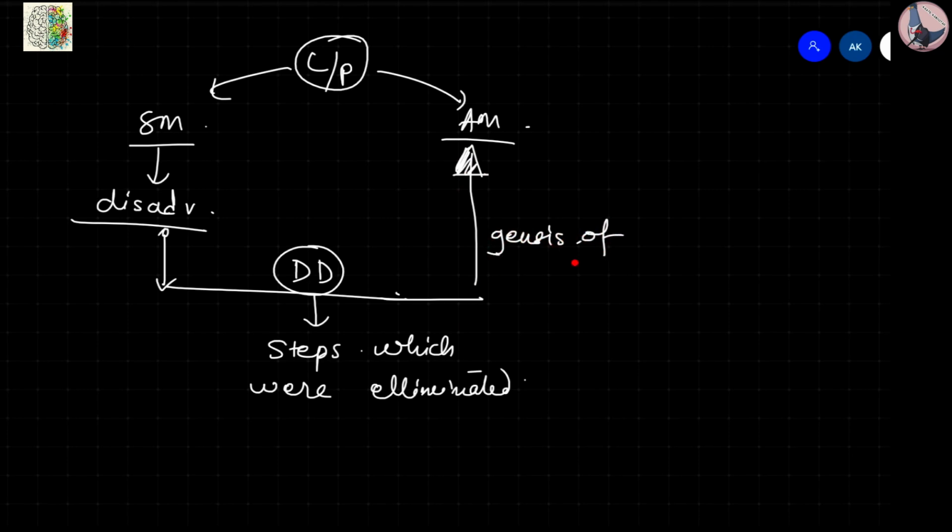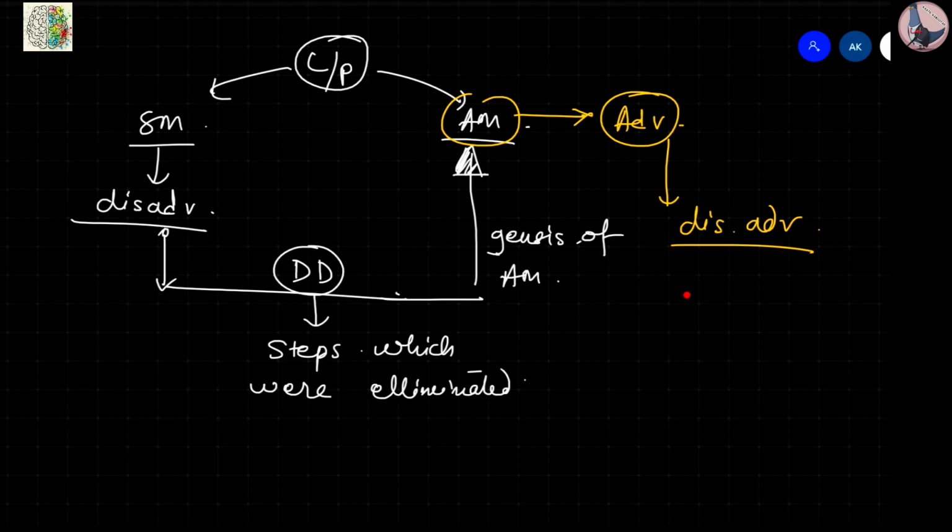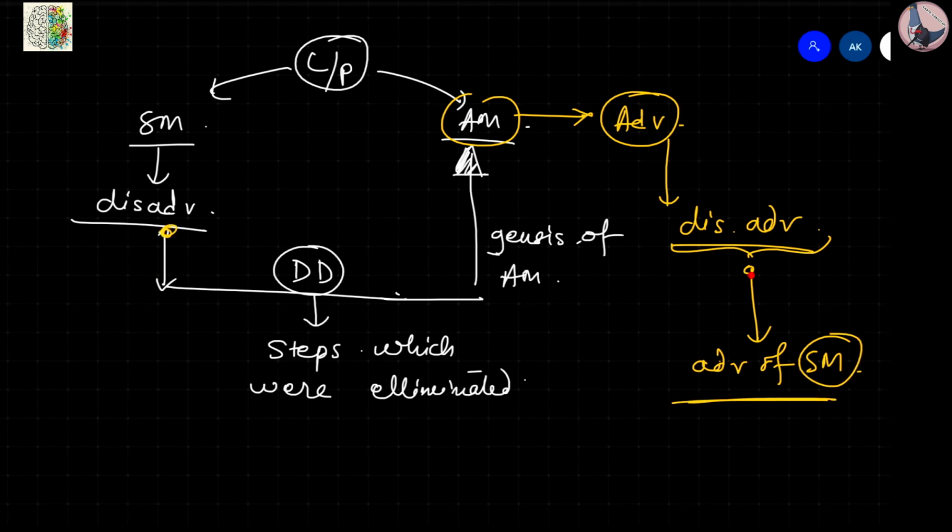This is called the genesis of additive manufacturing. Then I discussed the advantages of additive manufacturing, then the disadvantages, and even if there are some disadvantages, they can be covered up by the advantages of subtractive manufacturing. Then we concluded the entire lecture.